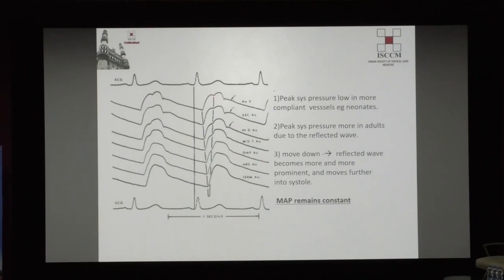You can see there is an anacrotic notch that is created. As you travel down, the reflected waves merge more with the systolic part and come in the early phase of systole. So we can see the waves in the terminal arterioles and arteries will be more peaked, and this anacrotic notch will also fuse into the main systolic peak.